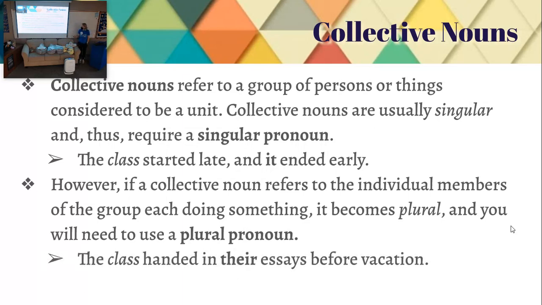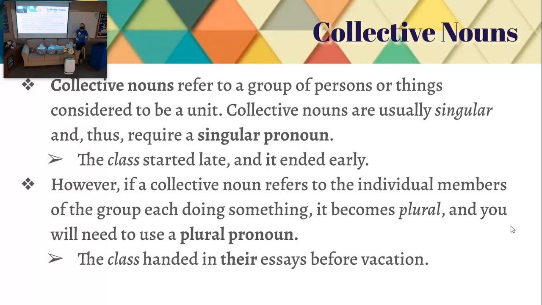This one would be an example where class is functioning plurally, not singularly. "The class handed in their essays before vacation." In this instance, the class did not work together to write one essay. They all wrote their own essays. So they're all working as individuals, which means you have a lot of individuals writing different essays.